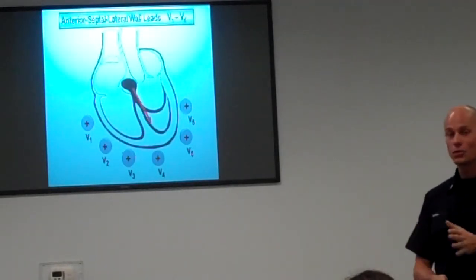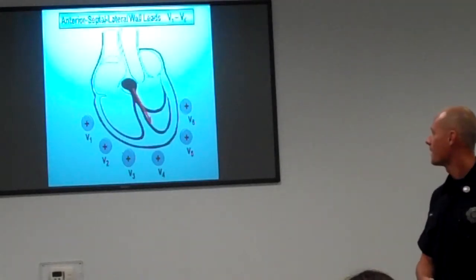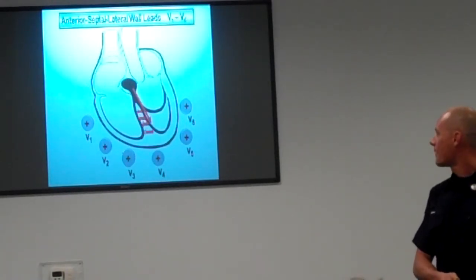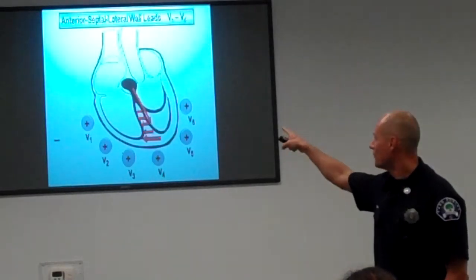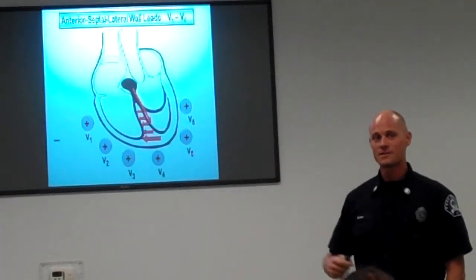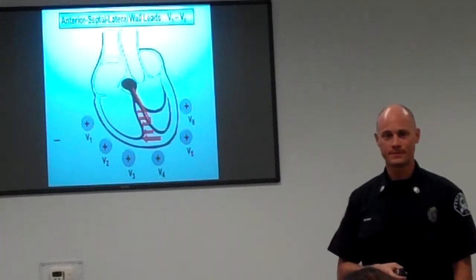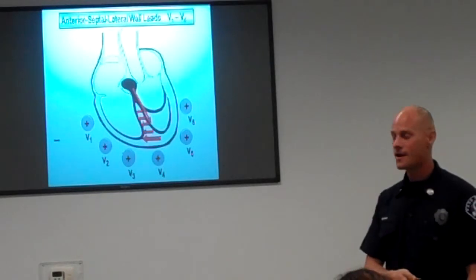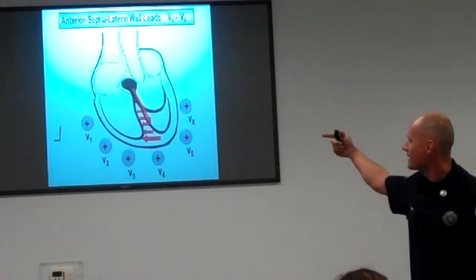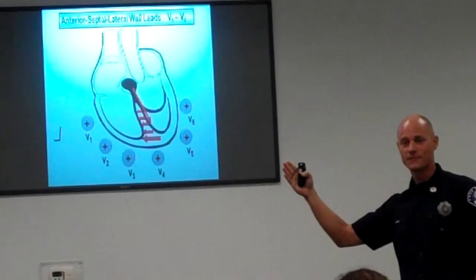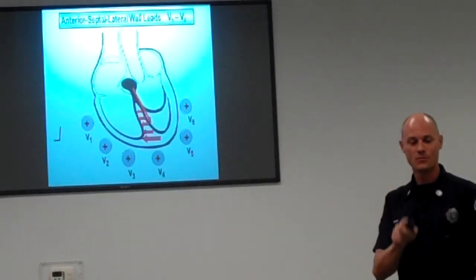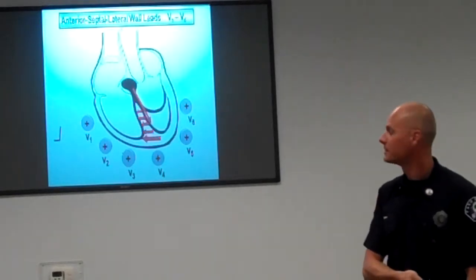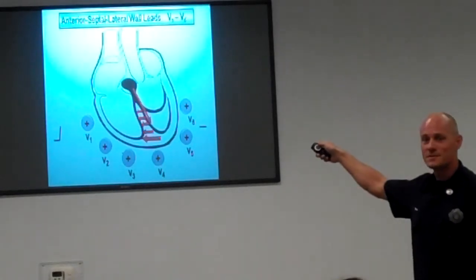Here's how it's going to look on your paperwork. It goes across the interventricular septum. When the electrical impulse is moving towards a positive lead, what do we see on your paper? Positive deflection, right? So as the electrical impulse is moving across that interventricular septum, we get a positive deflection in leads V1, 2, 3, and 4. What happens in V5 and 6?